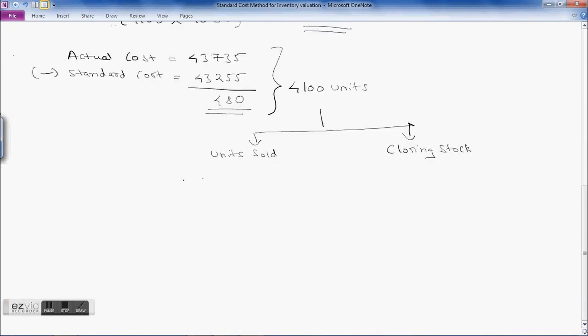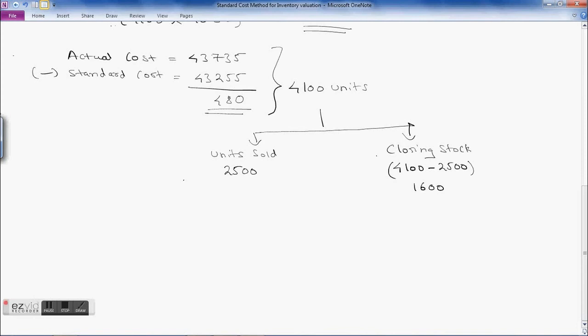So 2500 units are sold out of 4100. Closing stock is 4100 minus 2500, so that comes to 1600 units. So 1600 is the closing stock.